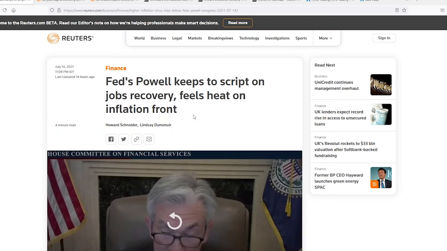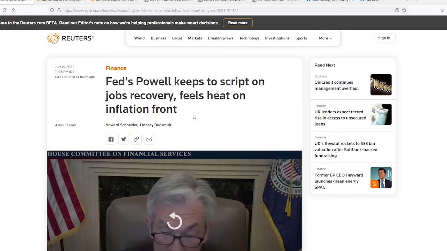The fear was that he would say inflation is getting out of hand, which seems to be a bit higher than ideal because of all the stimulus. Inflation has risen faster than expected. The fear was that he would talk about cutting back on stimulus to stave that off.